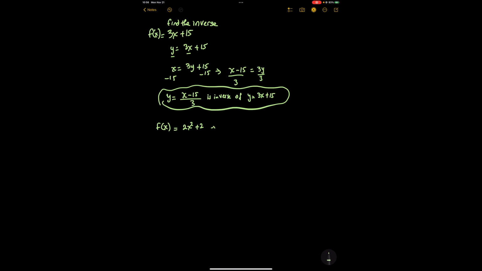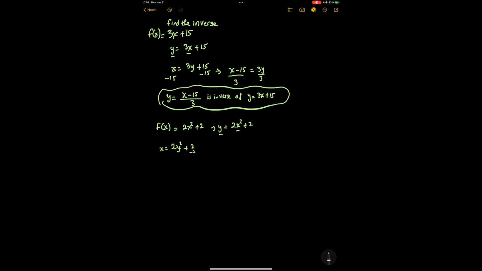So that means y equals 2x squared plus 2. So is this going to have an inverse? Well, I'm going to guess no, but then I'm going to have to show that it doesn't have an inverse. And if I'm wrong, then I'm wrong. Let's interchange x and y. So that will be x equals 2y squared plus 2.